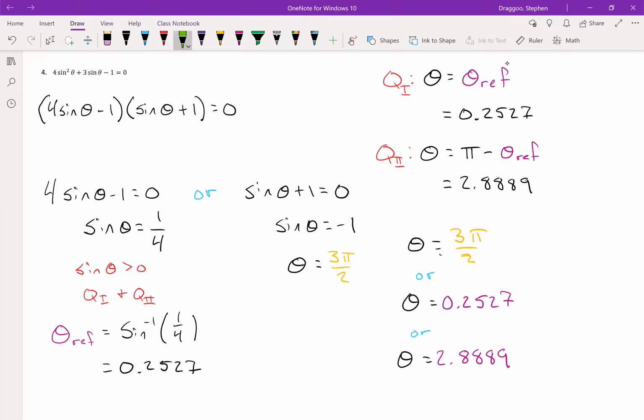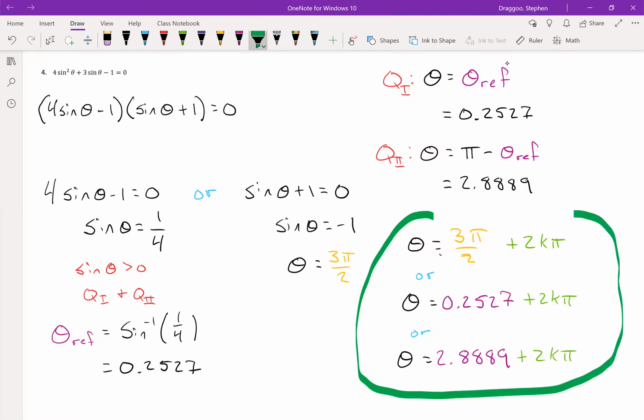And then add 2k pi so that I get the coterminal angles to each of those 3 angles. And then those 3 equations together make up the entire solution set to that trig equation.